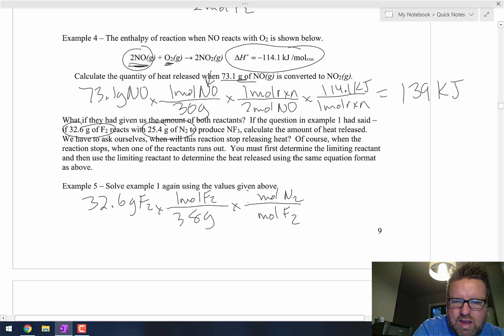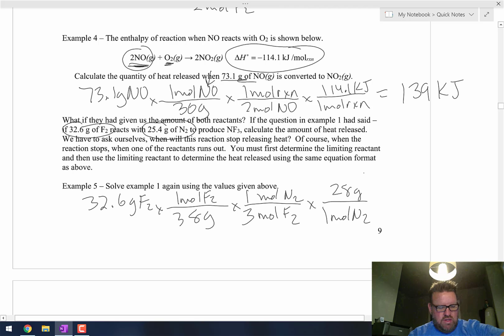So 1 N2, 3 F2s, and then 1 mole of N2, and then the molar mass is 28. So now I can take 32.6, divide by 38, divide by 3, multiply by 28, and I get basically 8.01 grams of N2.